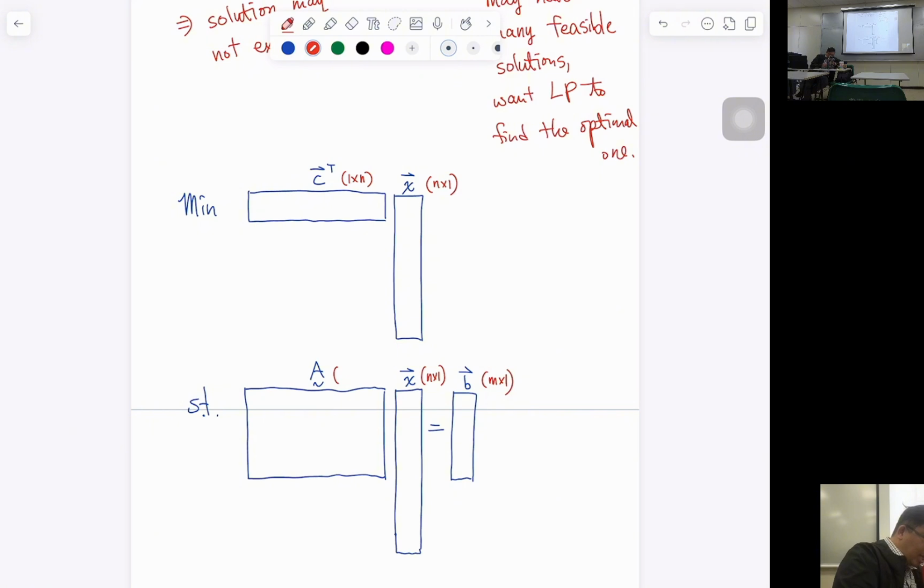And A is m by n, so here is m, and here is n.